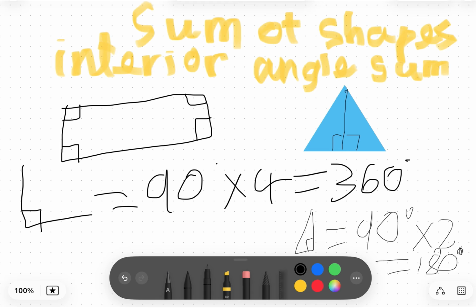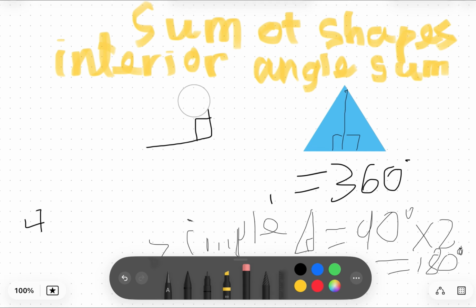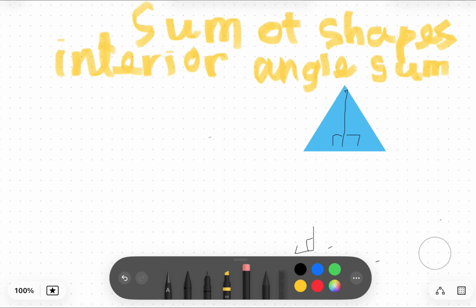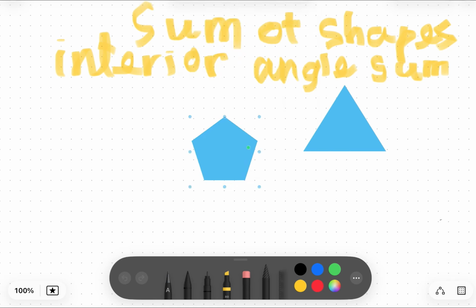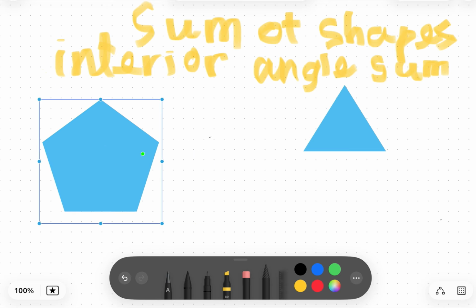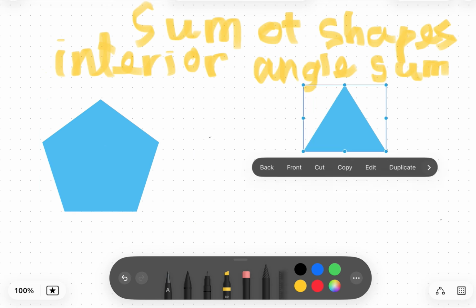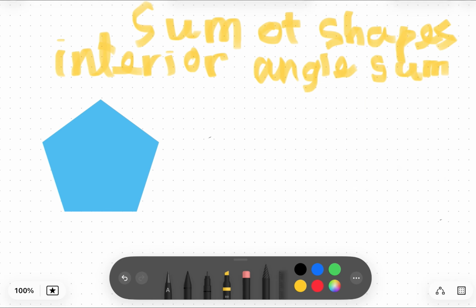Now this is simple, right? I'm gonna give you a huge but right now. If we were to calculate the angular sum of the pentagon, first of all, a pentagon has 5 sides.